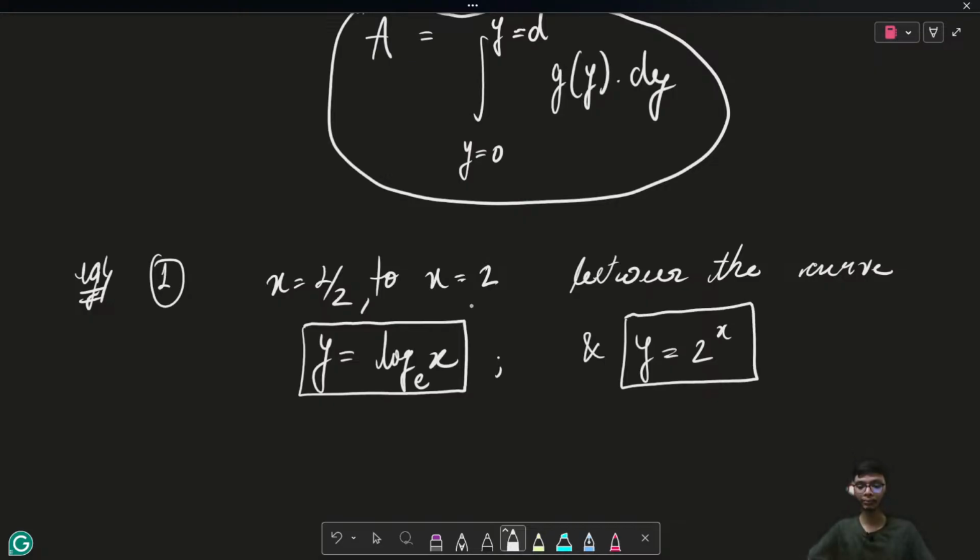Okay, so I basically have to find the area within the region.